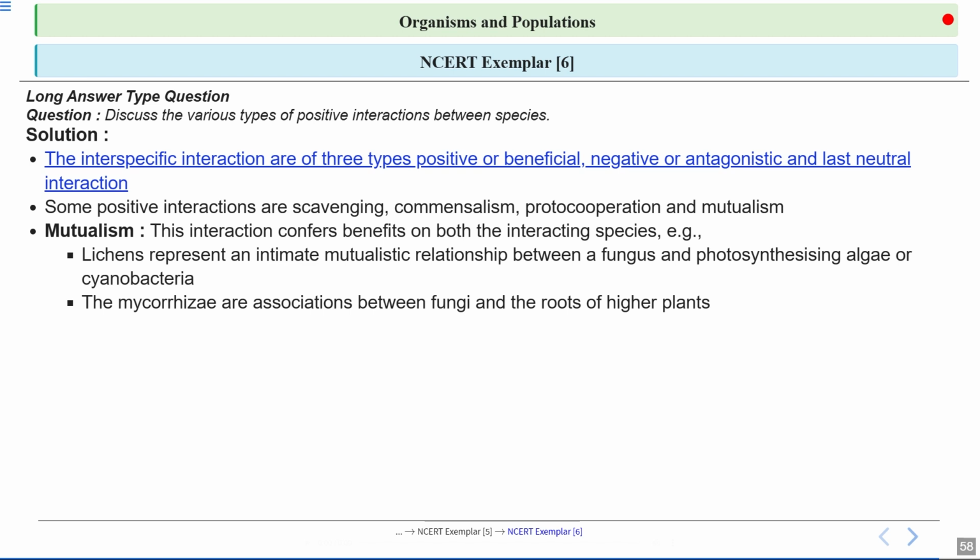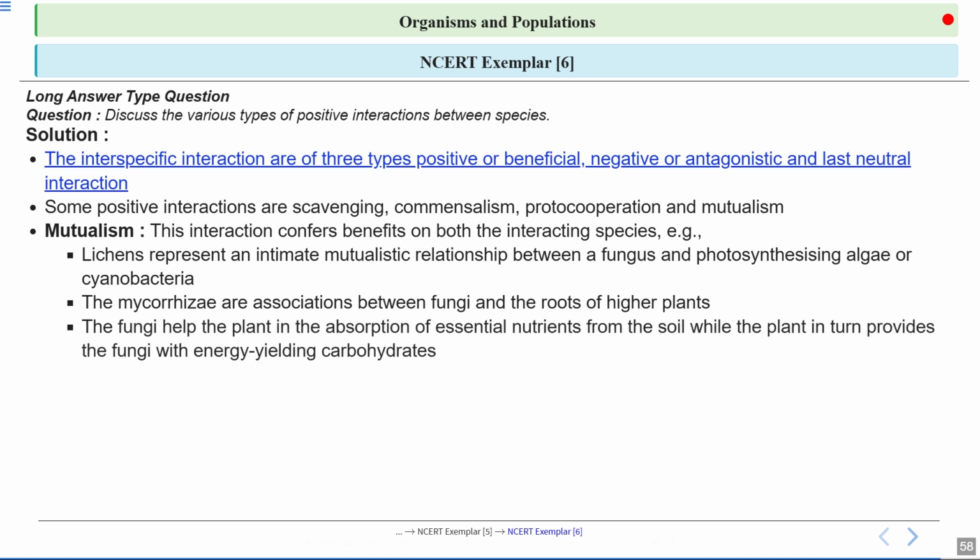Mycorrhizal association is also another example of mutualism. Myco means fungus, rhiza means root. So this is an association between fungus and the roots of the higher plant. Again, fungus and plant both are getting benefited. The plant is producing food and providing it to the fungus, and the fungus in return helps the plant to absorb minerals and nutrients such as phosphorus.